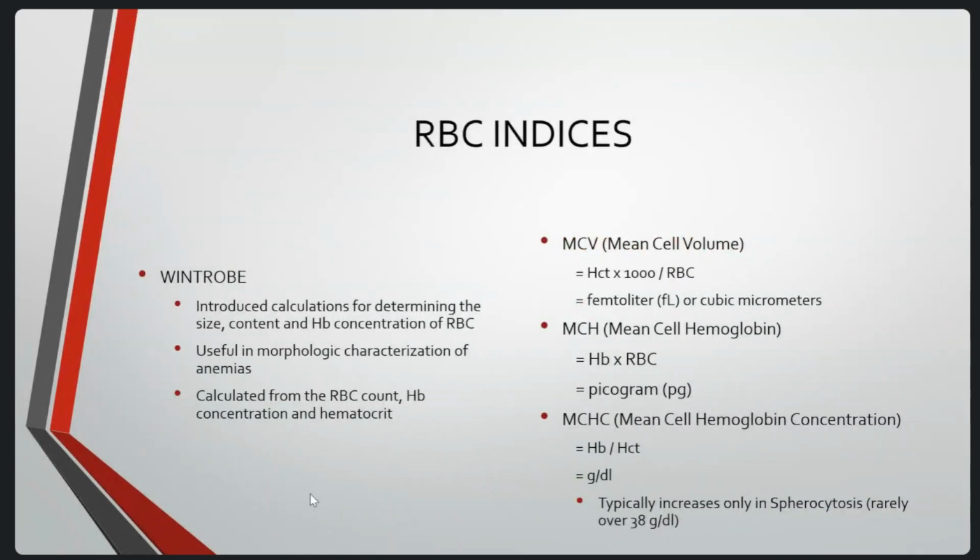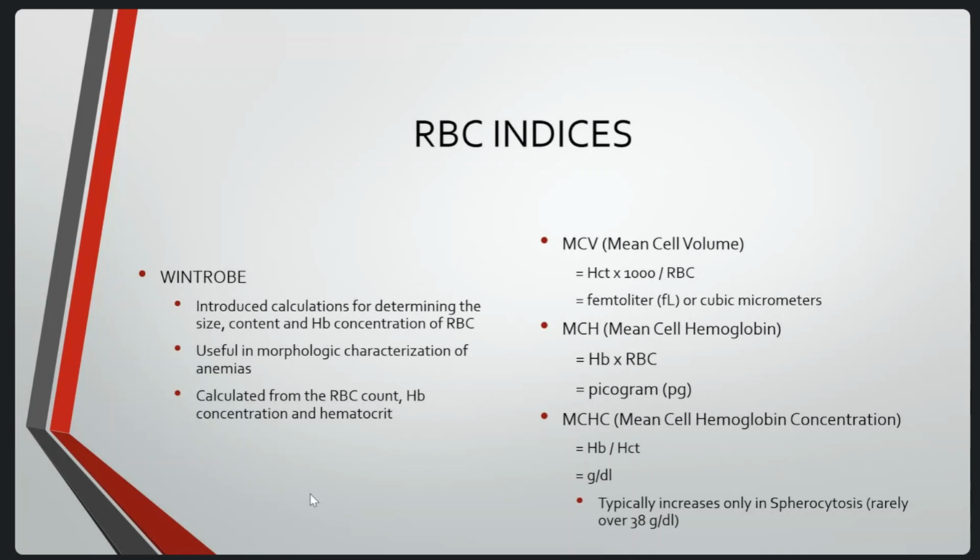So we go to the next. We have the red blood cell indices. Wintrobe is the person who introduced the calculations for determining the size, the content, and hemoglobin concentrations of red blood cells. This is useful, especially in the morphologic characterization of anemias.